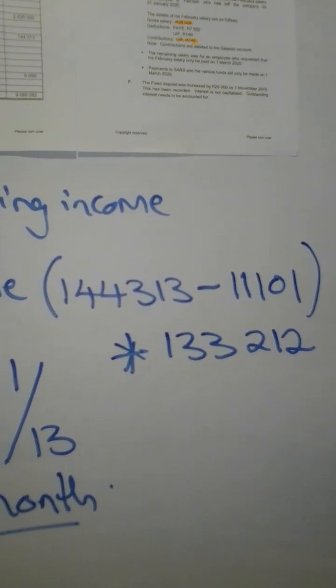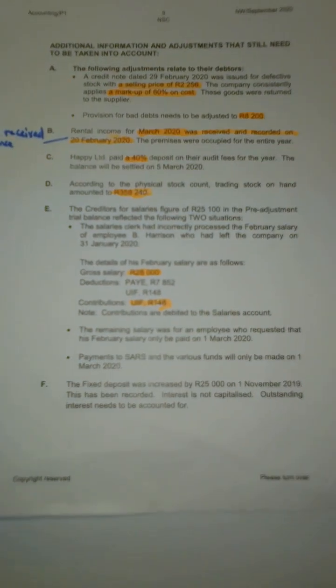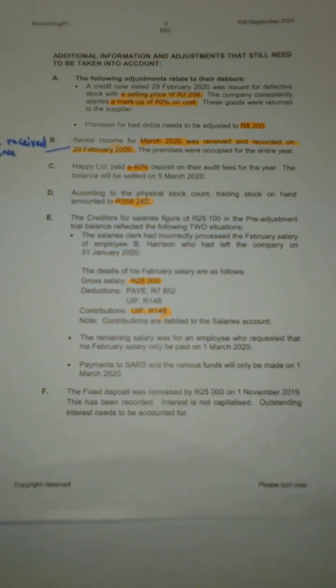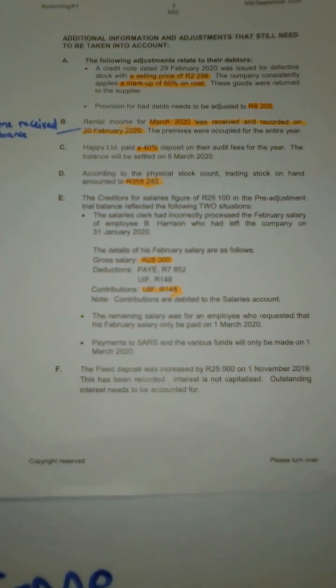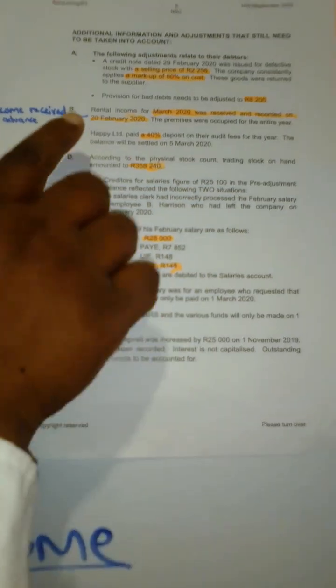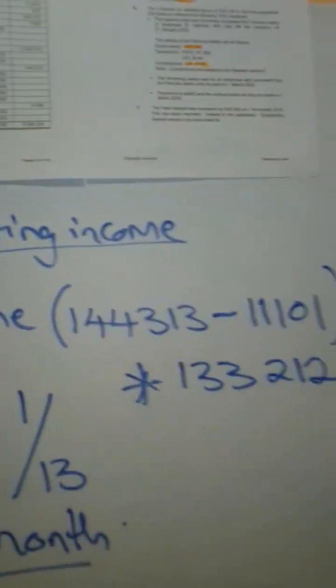For now, like I said, I'm only looking at items which have adjustments on this page 9. Anything with an adjustment that is also part of the other operating income, I'll look at when I go on to the other page. For now, I'll look at the other items with adjustments, from C up to F, before we look at the other areas of the question.